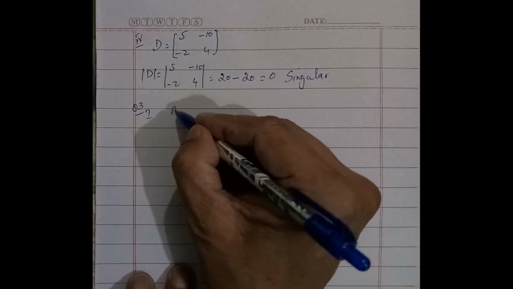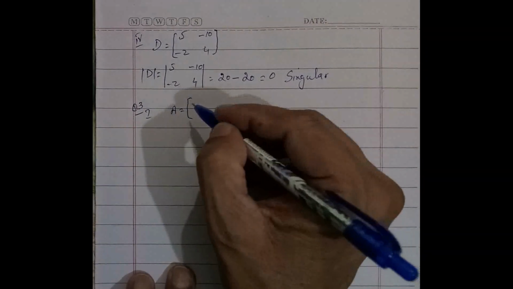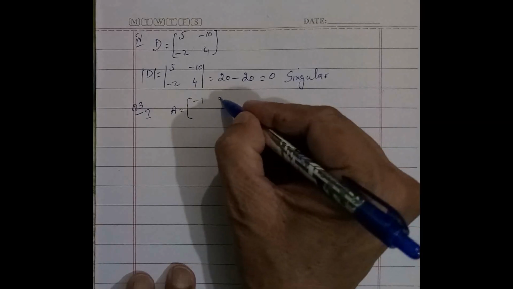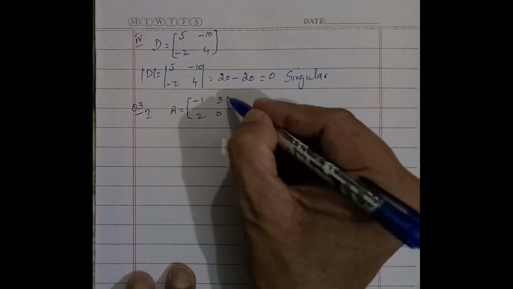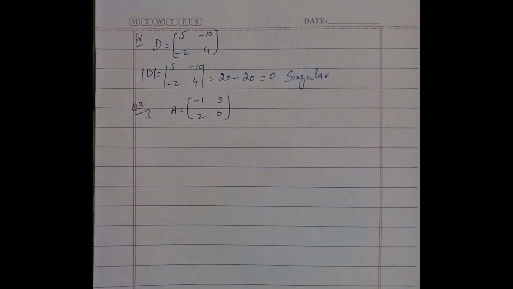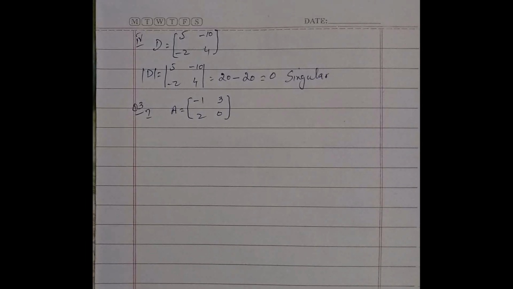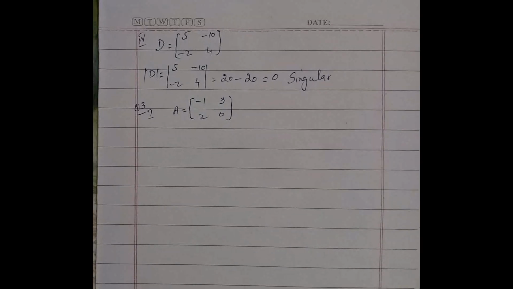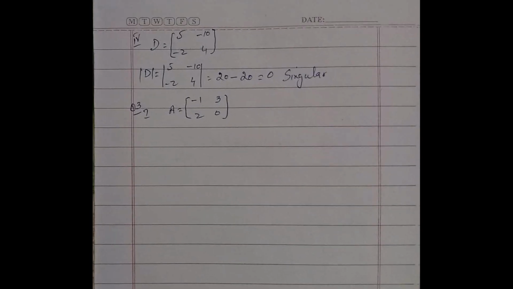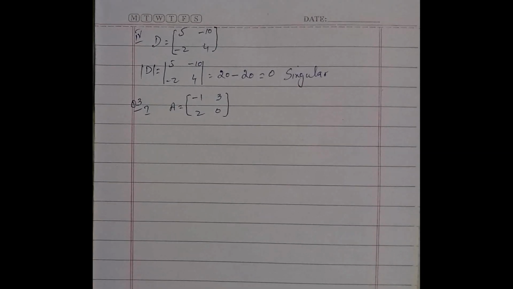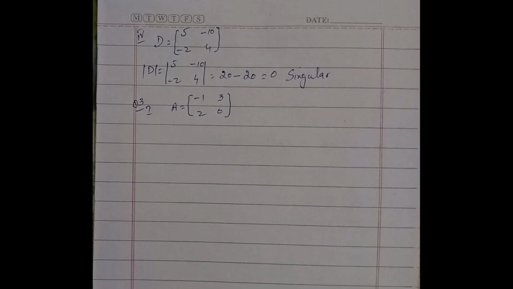The first part is A matrix, which is [-1, 3; 2, 0]. Before the multiplicative inverse, we find the determinant. If the matrix is singular, the multiplicative inverse does not exist. And if it is non-singular, then we find the multiplicative inverse.